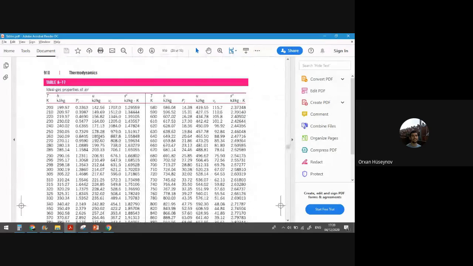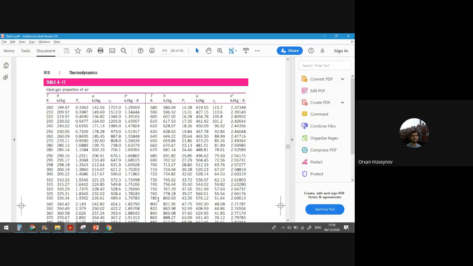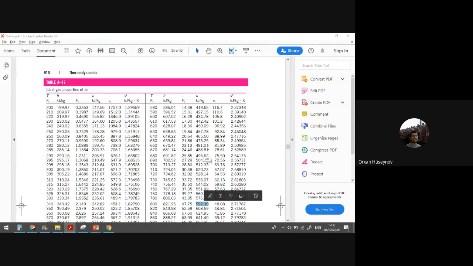A17. It says to find the enthalpy change and the internal energy change. Firstly, I will find the delta U. Delta U will be U at 800 Kelvin minus U at 400 Kelvin. And U at 800 Kelvin is 592.30.